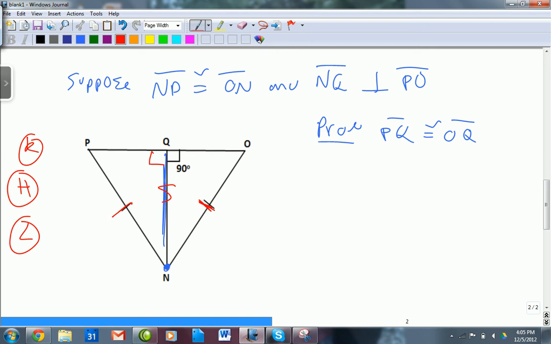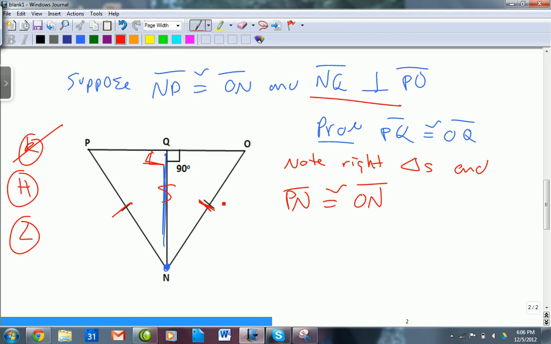To establish that, I note right triangles. We're going to be a little lazy there; we have right triangles based on what's given, these are 90 or perpendicular. So we have two right triangles, and that's one of the three things that has to be satisfied if we're using HL. The hypotenuse PN is congruent to ON, those are my congruent hypotenuses, and that's also given.